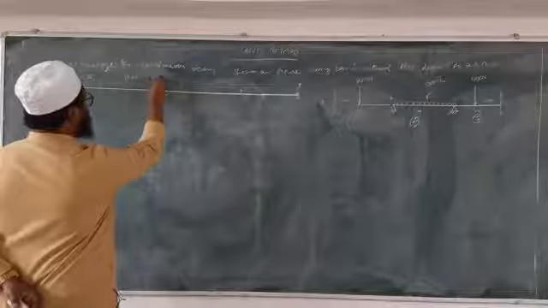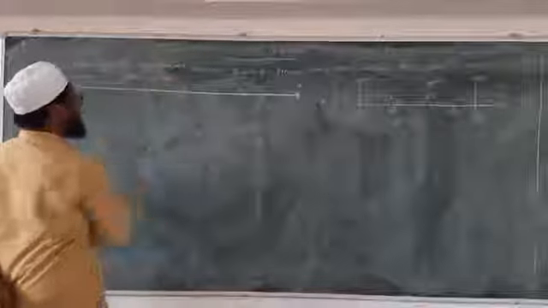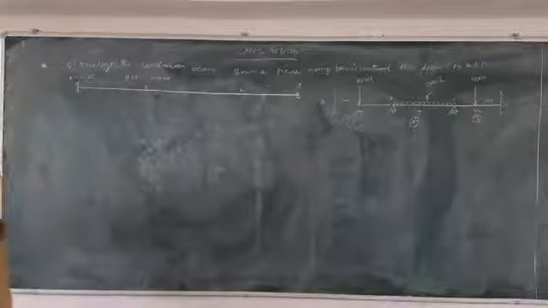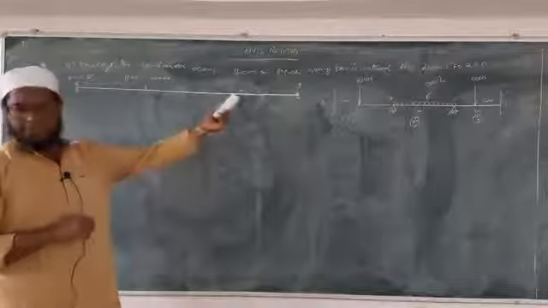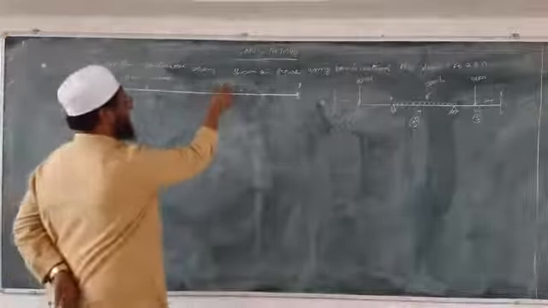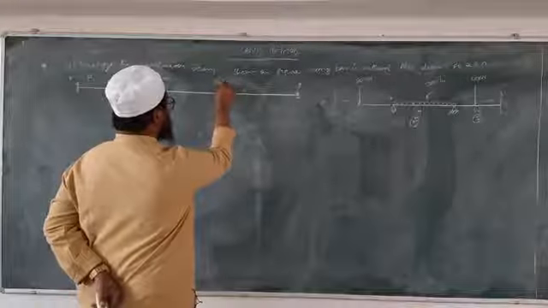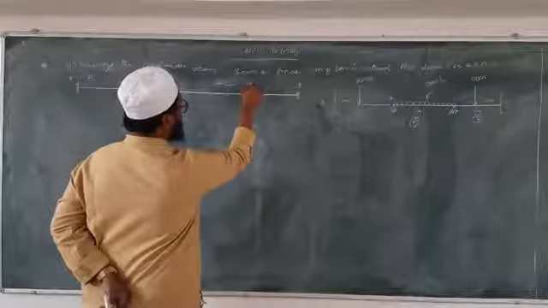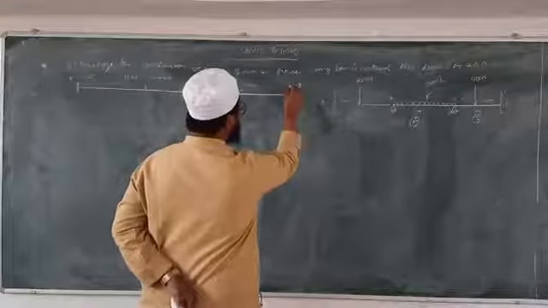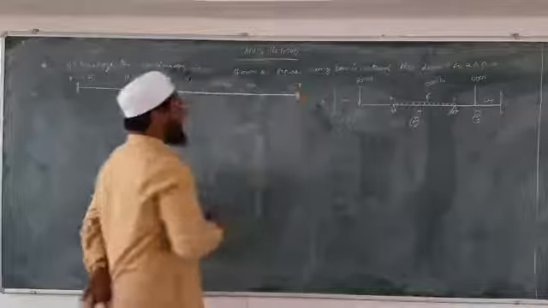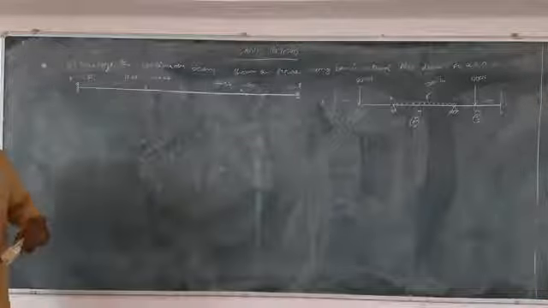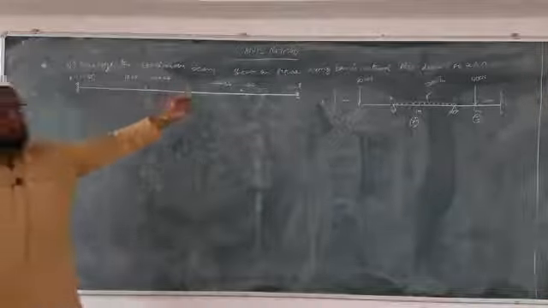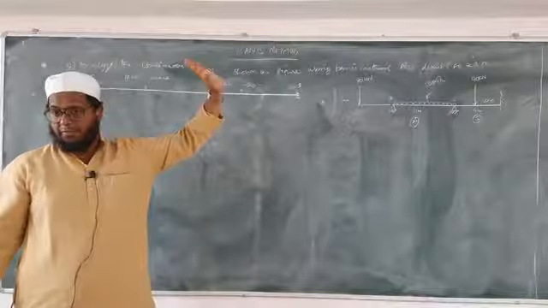Minus 66.66. Next, what about MFCB? Plus 66.66. What about this one? Minus 20 and plus 20. So, these values are fixed end moments.